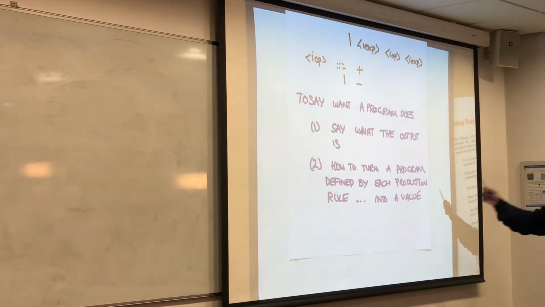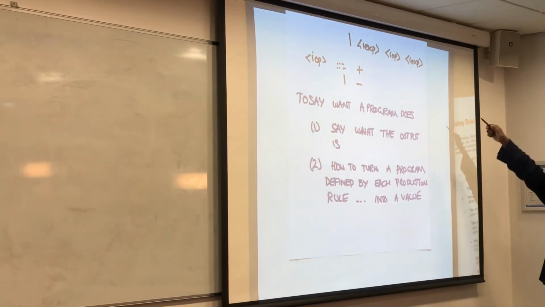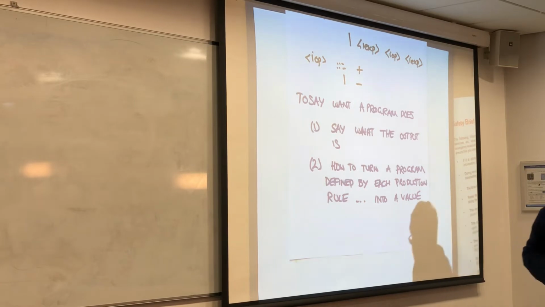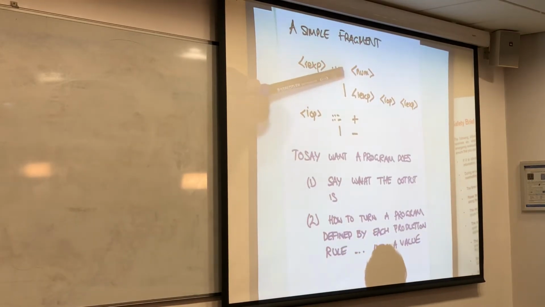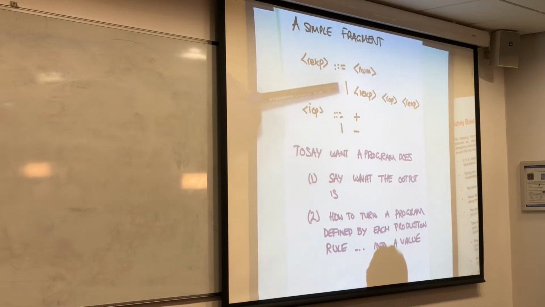So, how to turn a program defined by each production rule into a value. That means, if we define our program with this, how do you turn that into a value? And if we define our program with this, how do you turn that into a value?